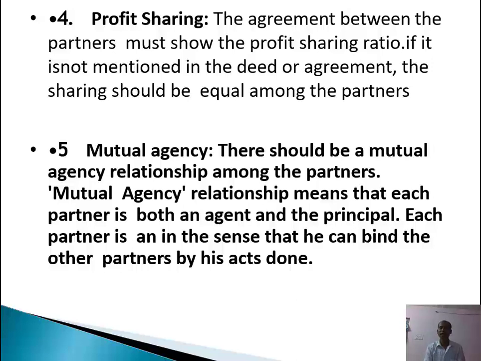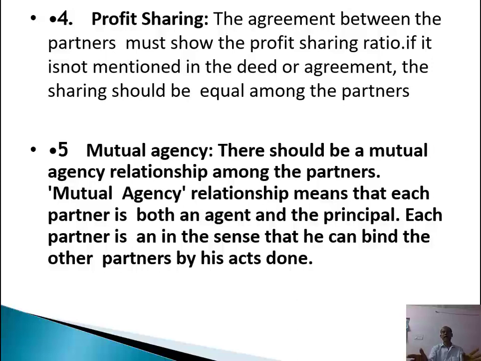Each person is an agent as well as a principal, member, owner. Each partner is an agent in the sense that he can bind the other partners by his acts.